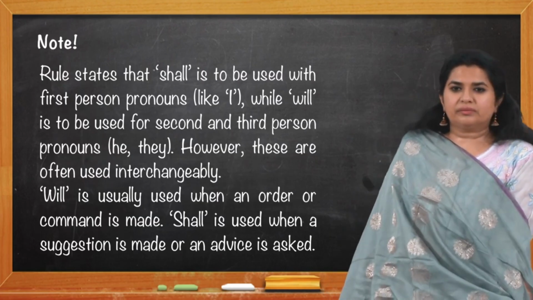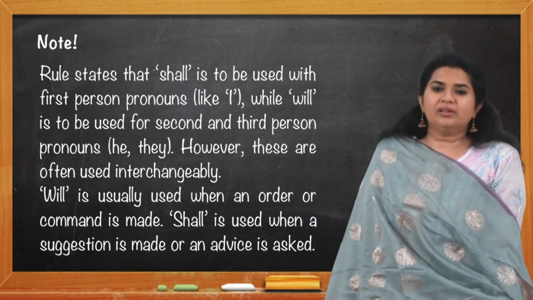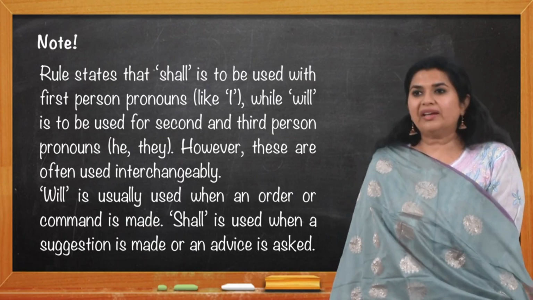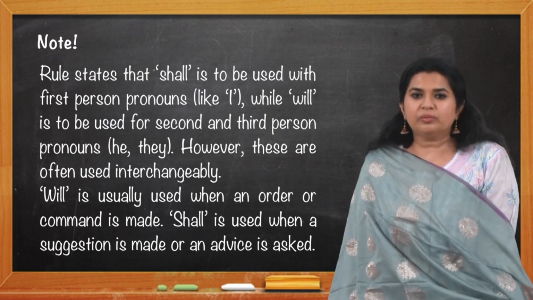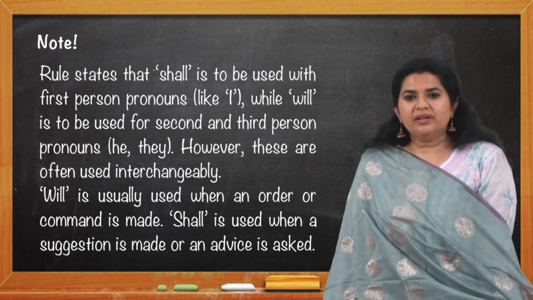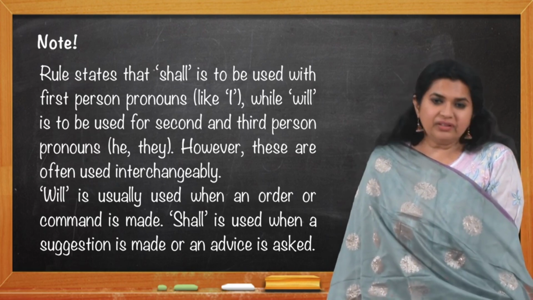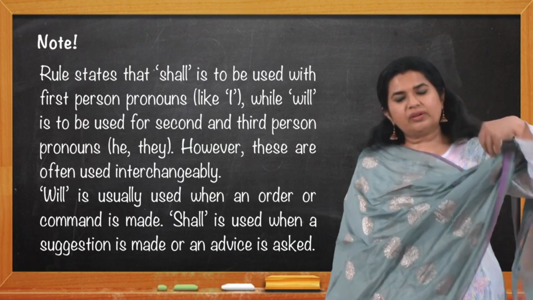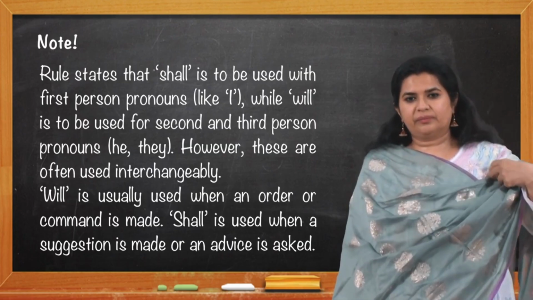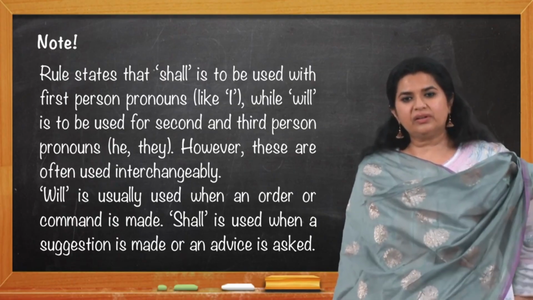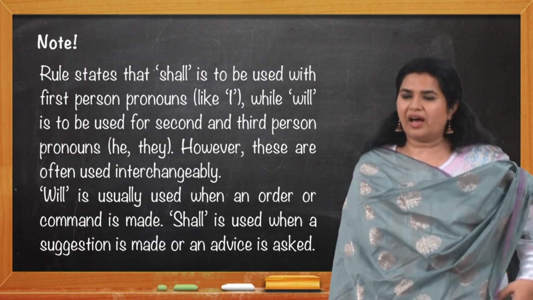Also note that the rule states that shall is to be used with first person pronoun like I, while will is to be used for the second and third person pronouns he, they. However, these are all often used interchangeably. Will is usually used when an order or command is made, thy will be done, and shall is used when a suggestion is made or an advice is asked.